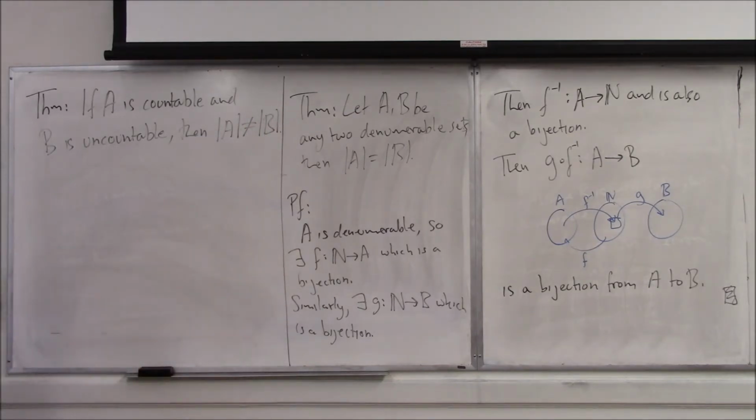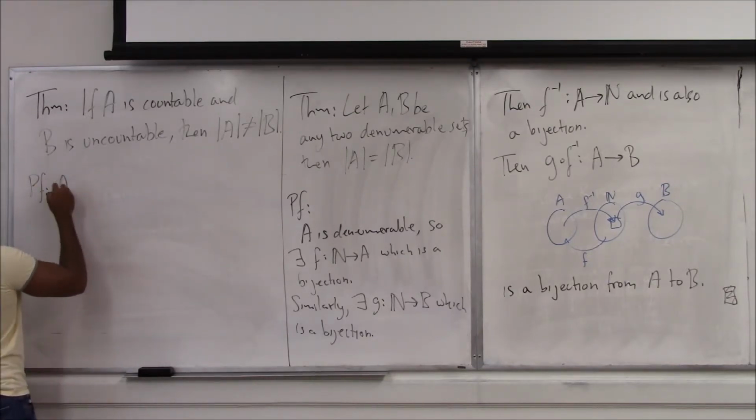There is no countable set that can be numerically equivalent to an uncountable set. Here, assume to the contrary.